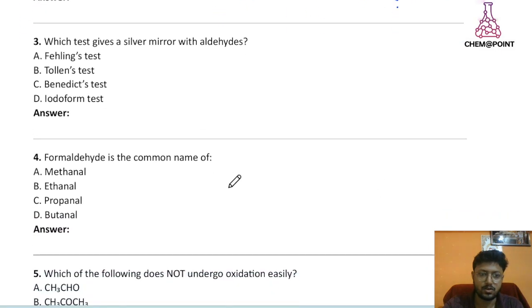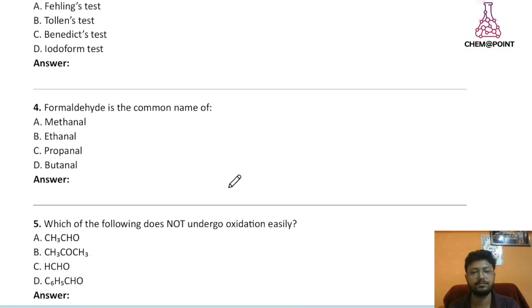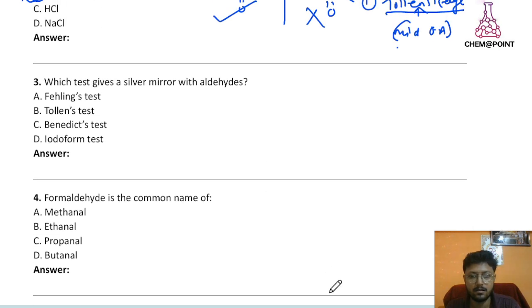Then question number 3. Which test gives a silver mirror with aldehyde? Students, silver mirror test, you can also say Tollens test. The Tollens test result is a silver mirror.